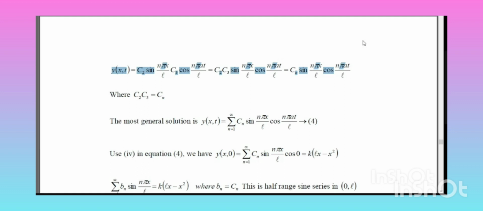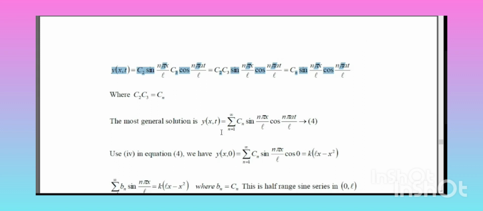That can be taken as Cn. In general, we have taken C2 C3 constant, that's why I have taken C2 C3 is equal to Cn.